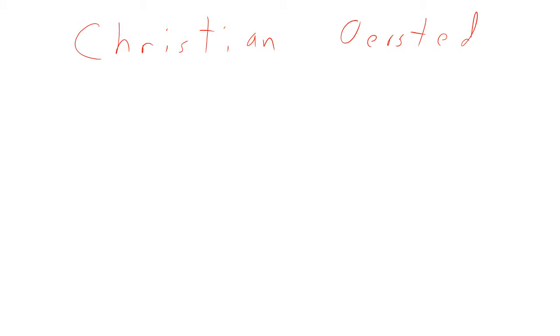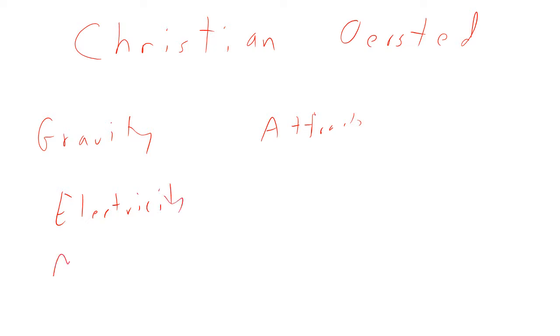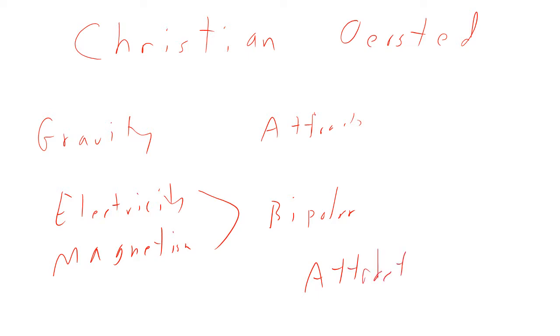And he was pointing out that gravity is only one way. So gravity only attracts, whereas electricity and magnetism are both bipolar, and they both either attract or repel depending on circumstances.